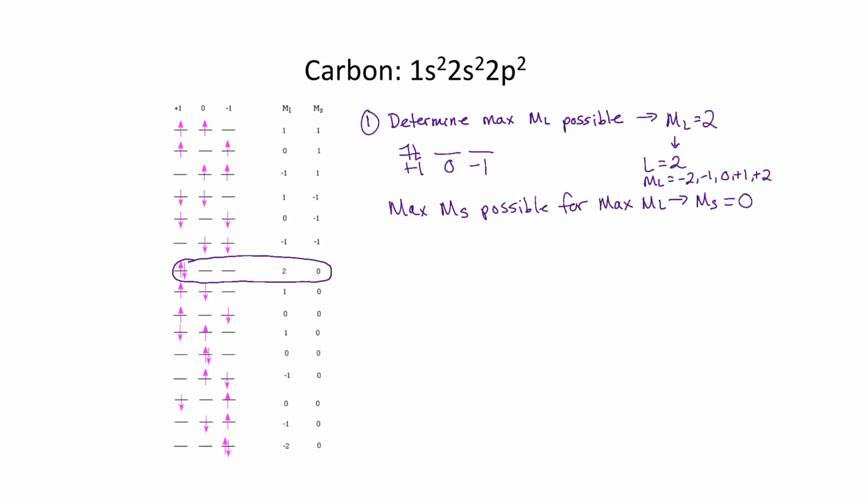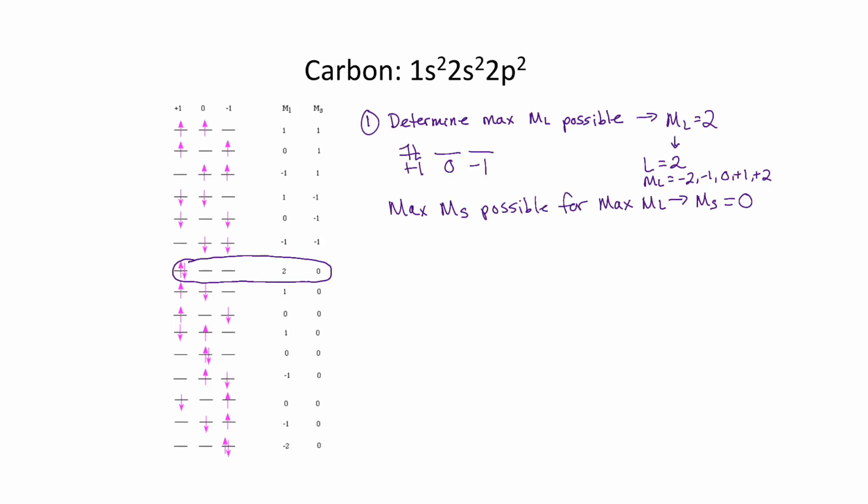So if we have an m sub L of 2, we know that our maximum L value can be 2. All right, so if our maximum L value is 2, we know that we have additional options for possible m sub L values of -2, -1, 0, +1, and +2, right? So remember, m sub L ranges from -L to +L.